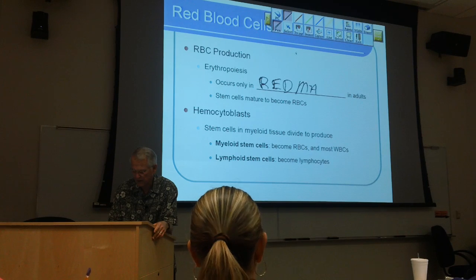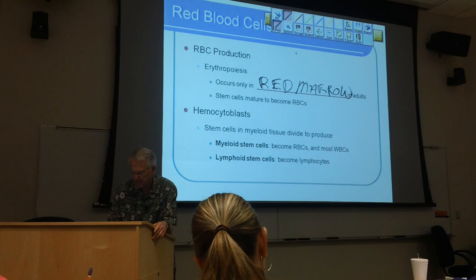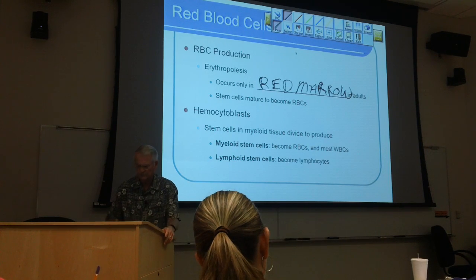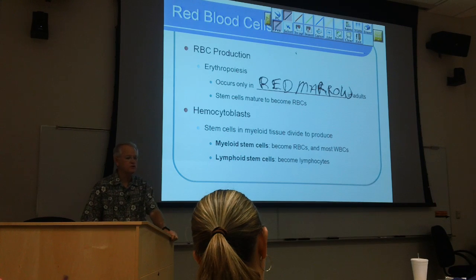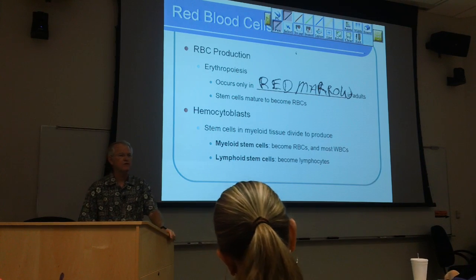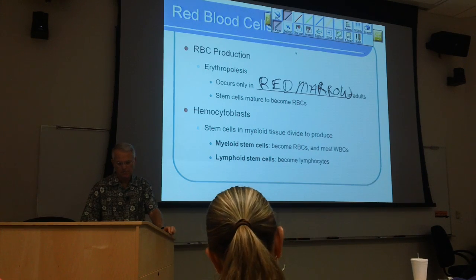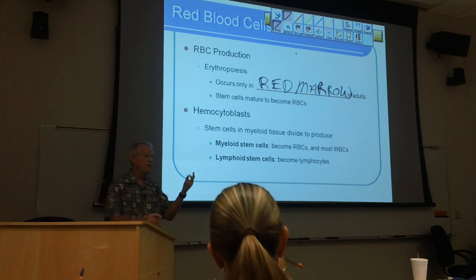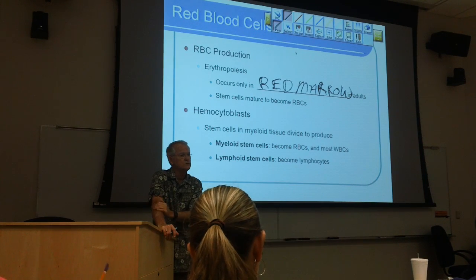We'll just say red marrow, you know it's in the bones, of course. Now the stem cell, the ultimate stem cell for blood formation we have covered already. It's up on the screen there, the hemocytoblasts, and they produce all the blood cells. And then we have, as you know already, two subcategories of those stem cells, the myeloids and the lymphoids.